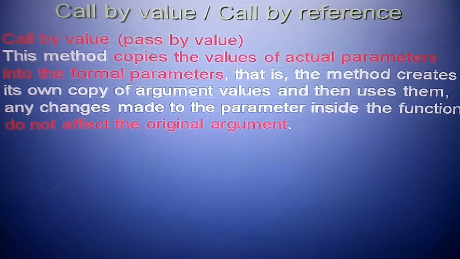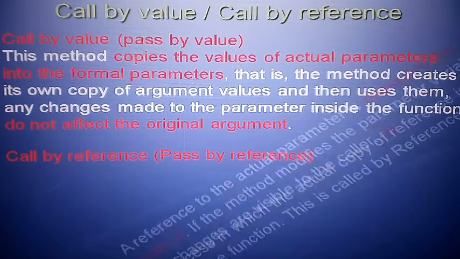Any change in the copy does not affect the real data, because you are not giving the real data to the function. So there is no change in the original data. Okay, after that, call by reference, which you can also call pass by reference.